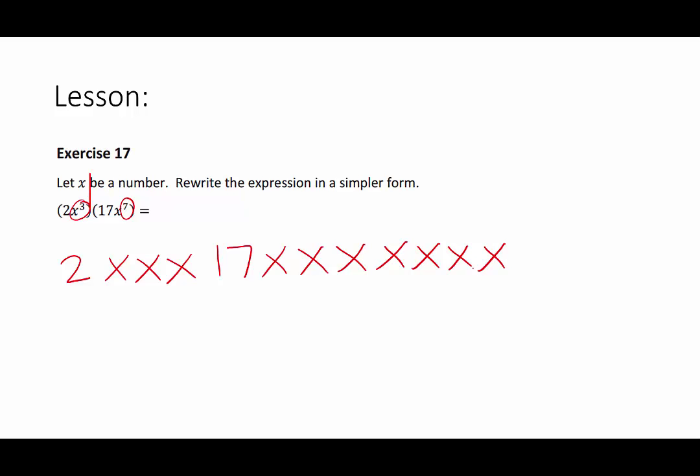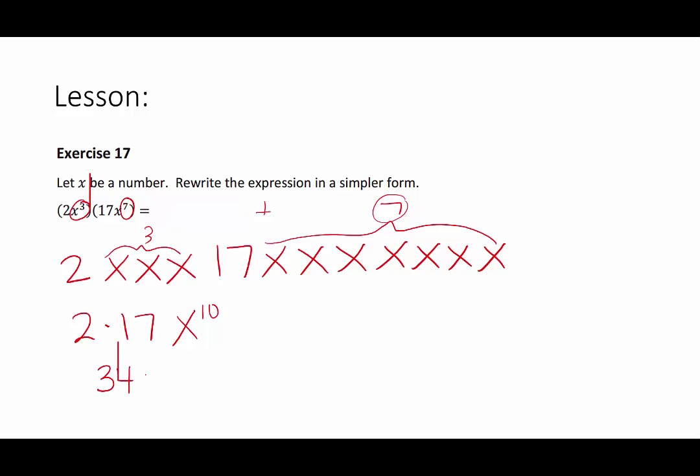So when we look at it together, we have a 2 times 17, and then we have 3 x's here, and here we have 7 x's. So we have actually x to the 7 plus 3, so that is x to the 10th power. And 2 times 17 is 34.